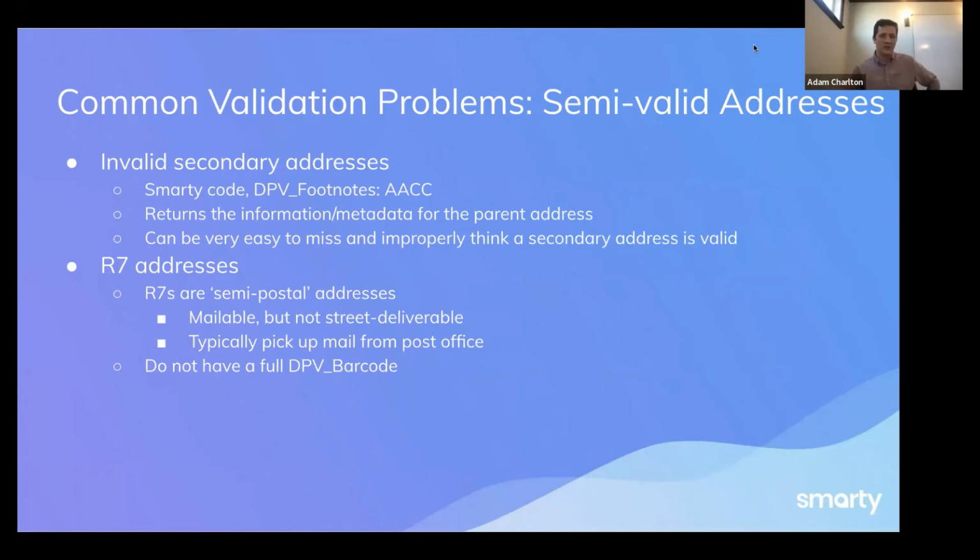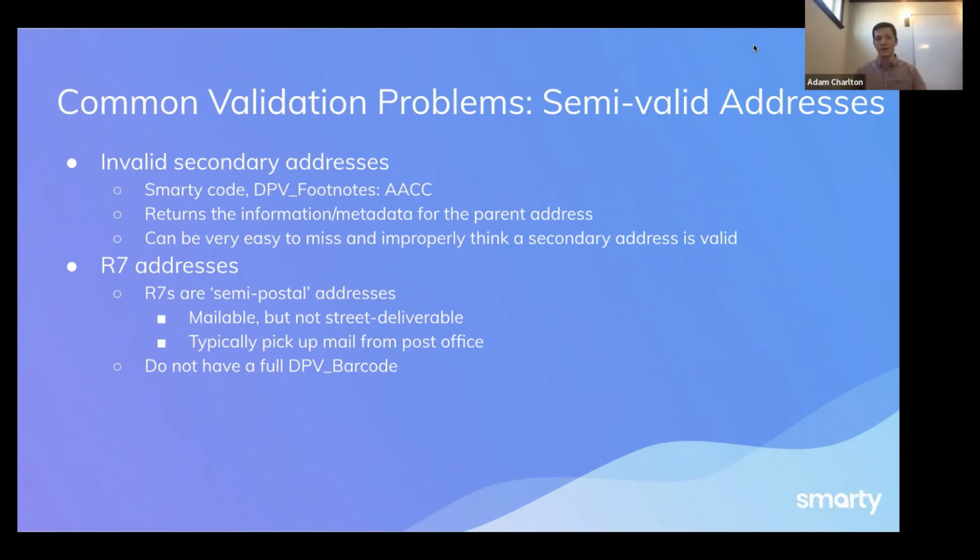Other validation services may use their own codes, but these types of addresses look valid at first unless you're specifically looking at the footnotes. And so you need to go through and validate all of the addresses in your system to make sure that it's not flooded by these types of semi-valid addresses. It looks real because we return a lot of the information for the root address.